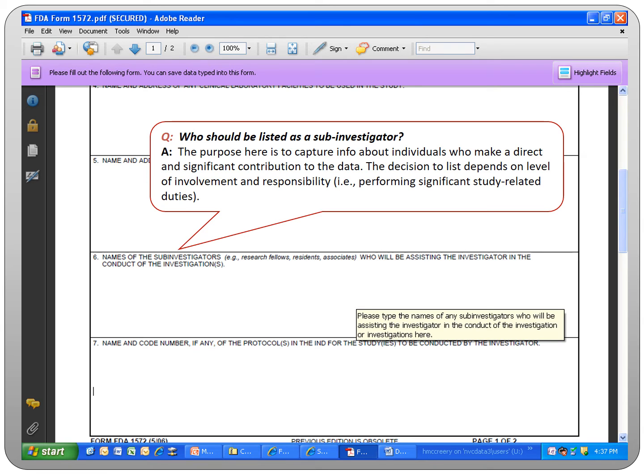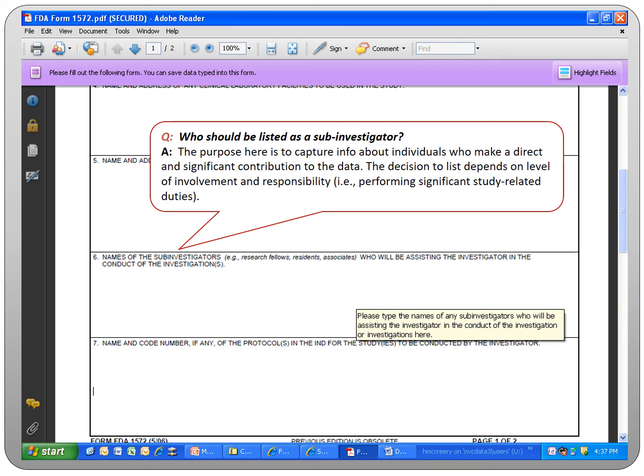This is really going to be some internal discussion at your site and possibly with the sponsor of how you're going to define sub-investigators. So having an ongoing and significant involvement in study-related duties would define someone as a sub-investigator for the FDA.